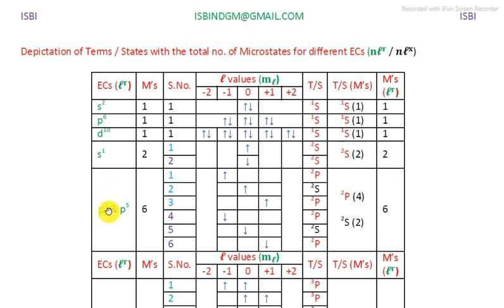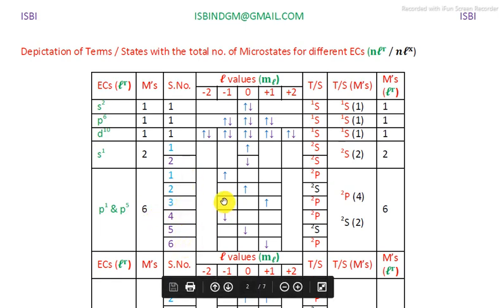Let us go for p1 and p5. Number of microstates 6, serial number from 1 to 6. Here see the arrangement of the single electron.